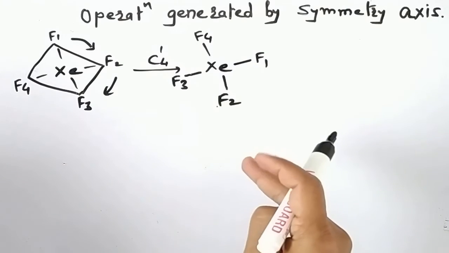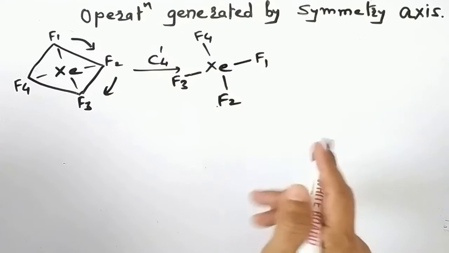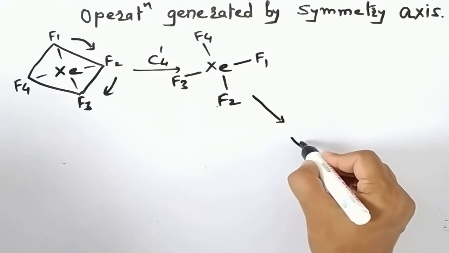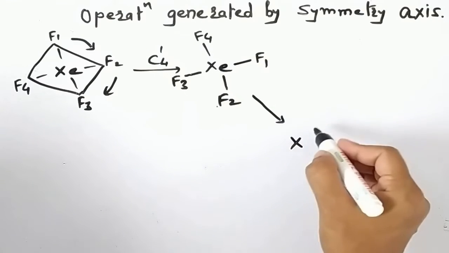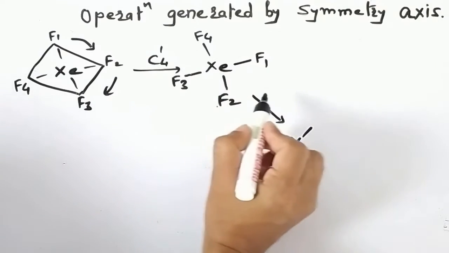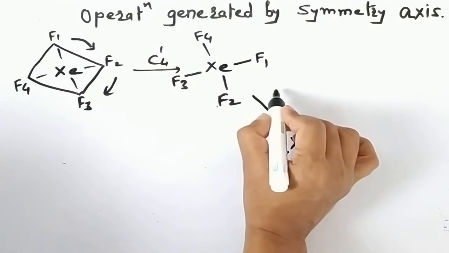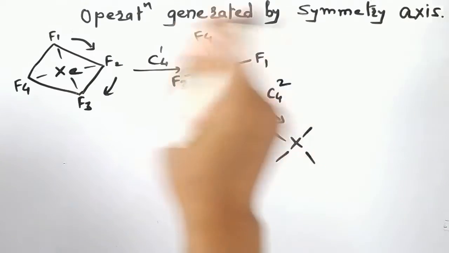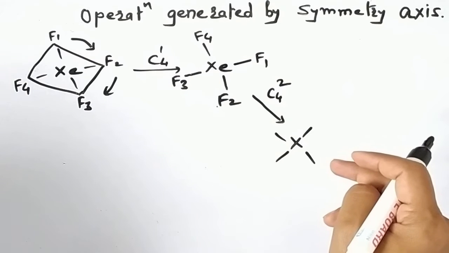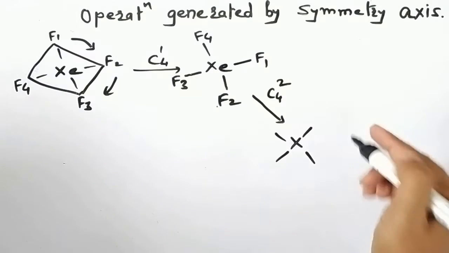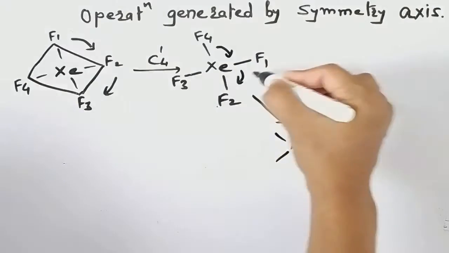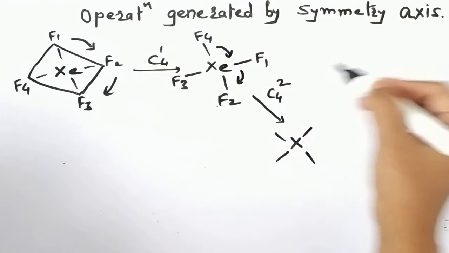Now if I operate C4 twice, that means C4 a second time on top of C4 once, what will I get? Let us shift clockwise by 90 degrees because it is a C4 rotation.